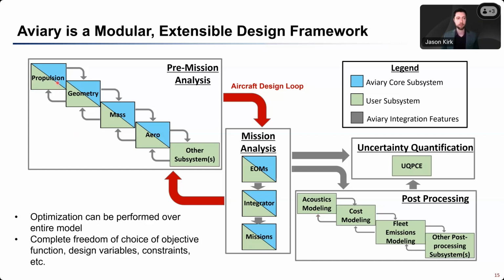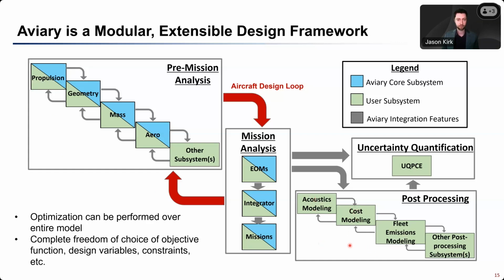For example, if you want to do cycle design, you can pull out Aviary's built-in propulsion, which is just reading a performance table, and you can slot in MPSS or PyCycle and do full-on cycle design. Likewise, if you want to add on a completely new subsystem that Aviary doesn't have any analysis for out of the box, like cost modeling or acoustics, you can do that, throw that in there, and design your aircraft around those metrics.